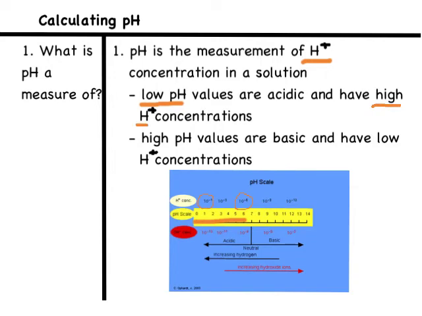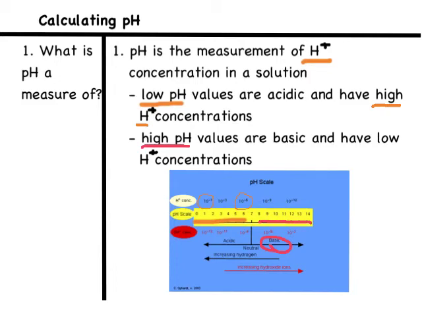hydrogen ion concentrations. Now those with high pHs, that means that they're going to be basic. Over here on the basic side, remember, we're talking about 8 through 14, those are high numbers on our pH scale.